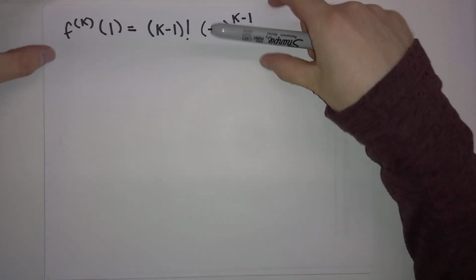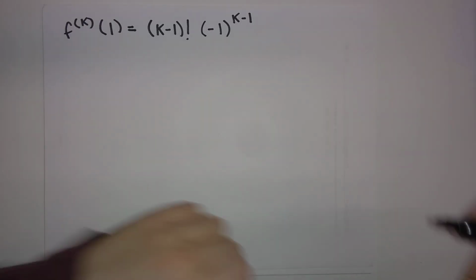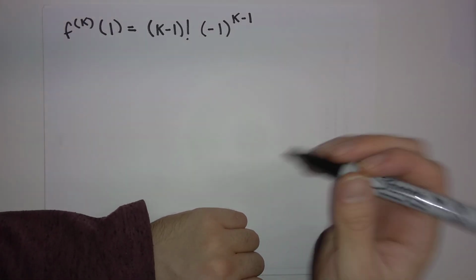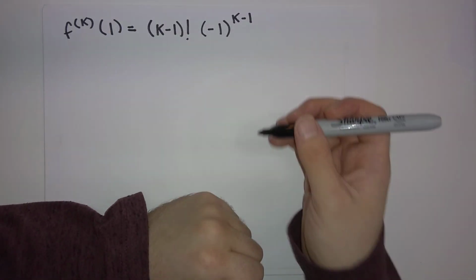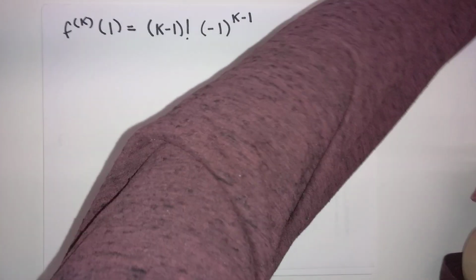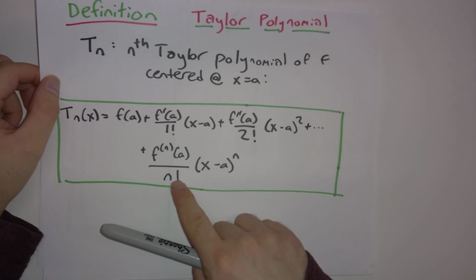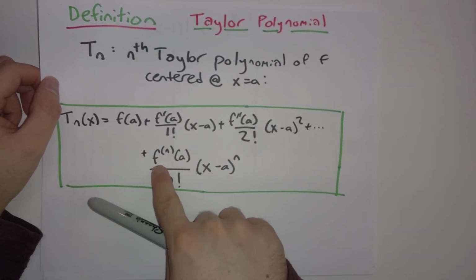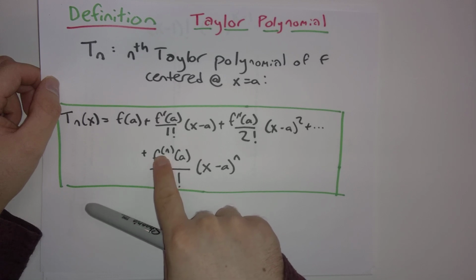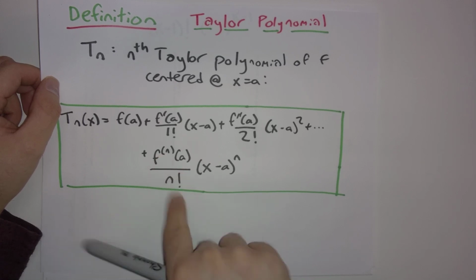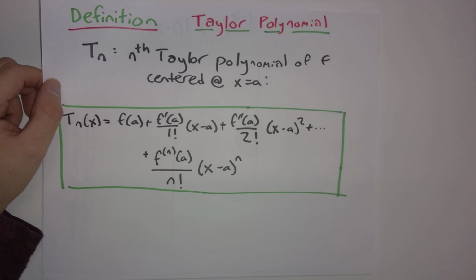Okay, so here is our overall formula. But we also know that the formula, once again, let me bring this back here. We've just calculated f super k of 1 here. But don't forget we have to divide by k factorial.